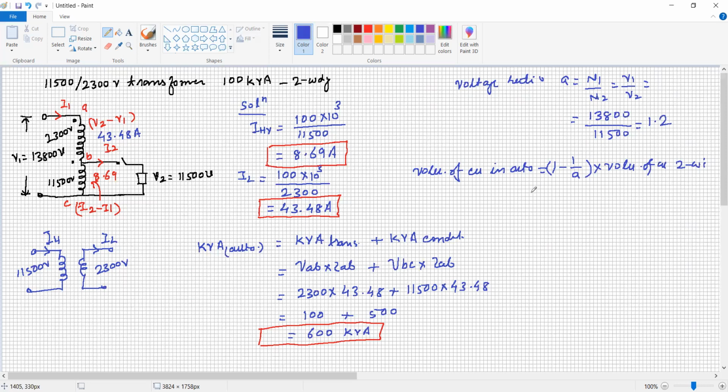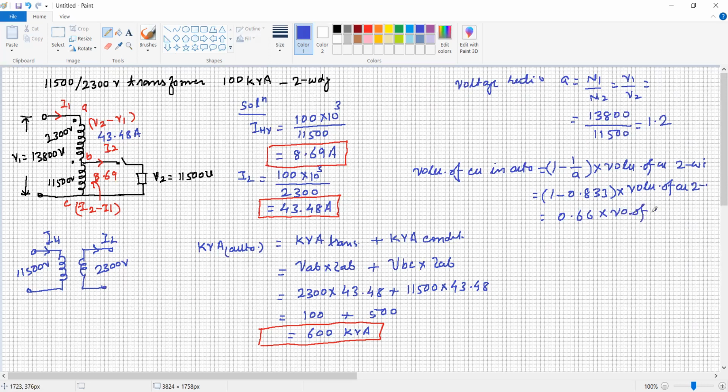It is equal to 1 minus 0.833, into volume of copper in two winding transformer. So it means 0.166 times the volume of copper is needed.